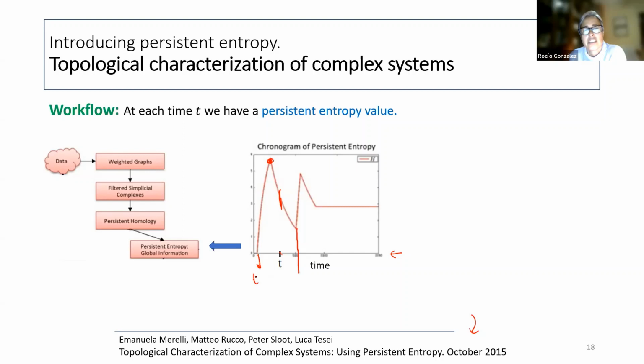This is the first one, and this is the second one. We can also see when the maximum number of reactions is produced, and when the steady state is reached. So using just persistent entropy, they could summarize all this information in just a function.